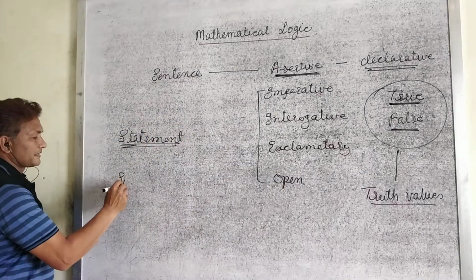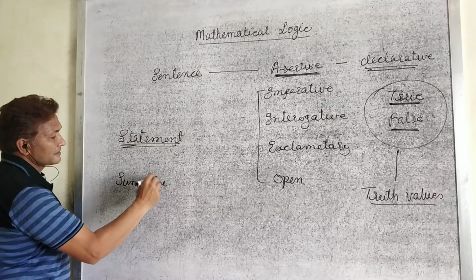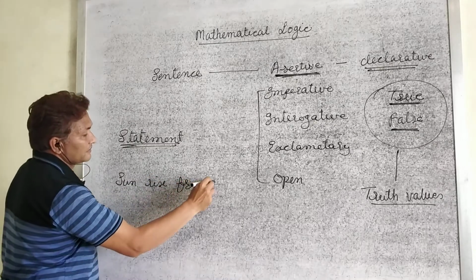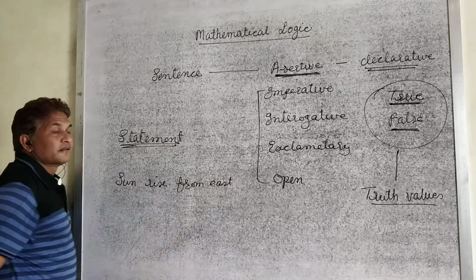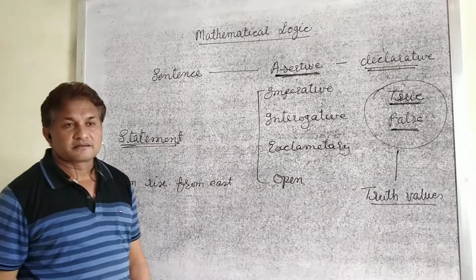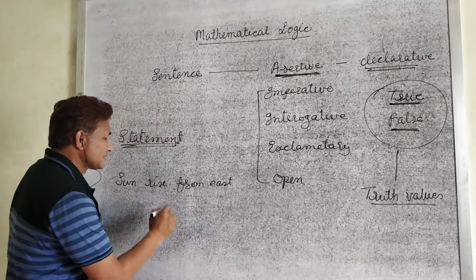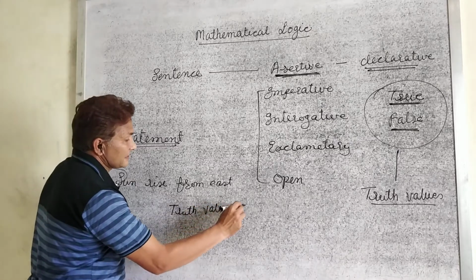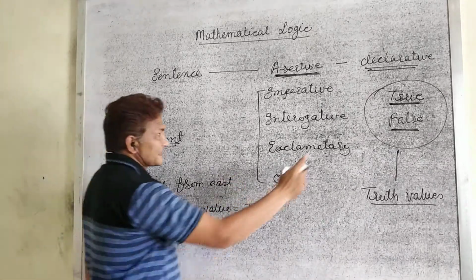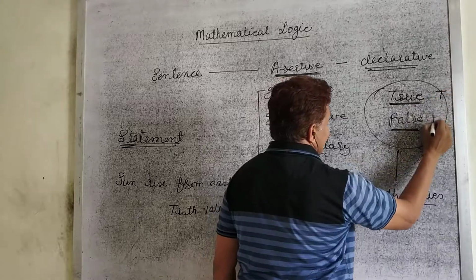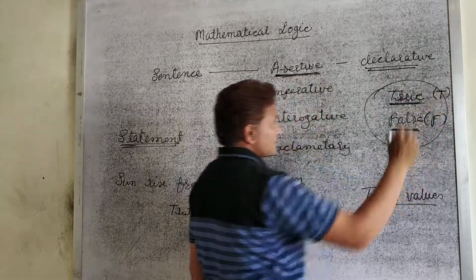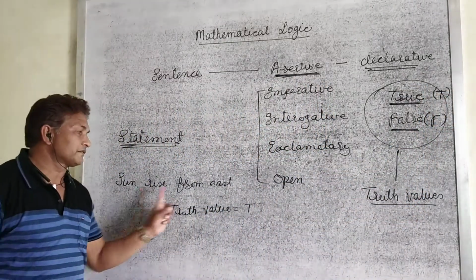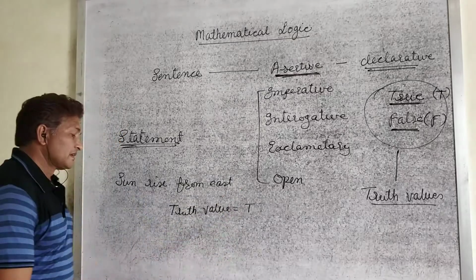Suppose the first example is: the sun rises from the east. The sun rises from the east, it is correct. Hence its truth value is equal to T. T represents true and F represents false. So therefore the truth value of this sentence is true.